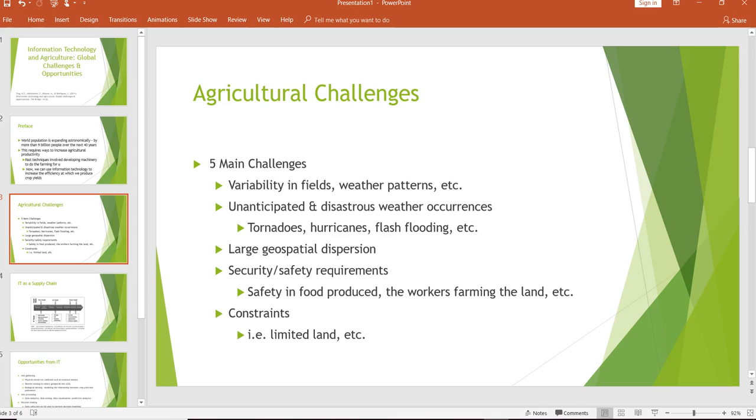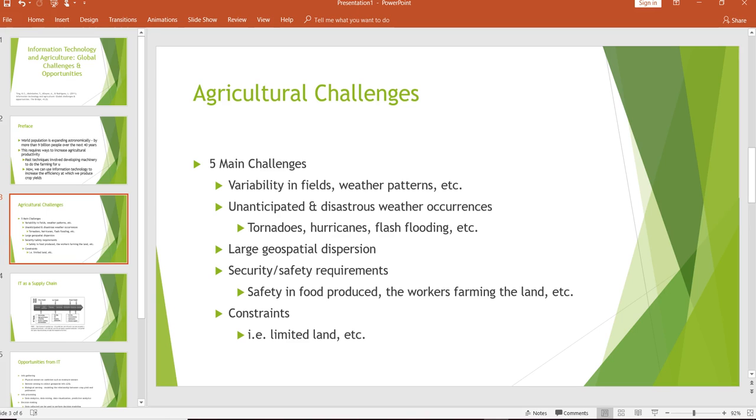It seems like we've had a very wet summer, but other parts of the United States have been very, very dry. And so that changes the usefulness of the soil, and crop yields aren't always as good from one year to the next, and they're certainly not as consistent as they've always been. The second main challenge is unanticipated and disastrous weather occurrences.